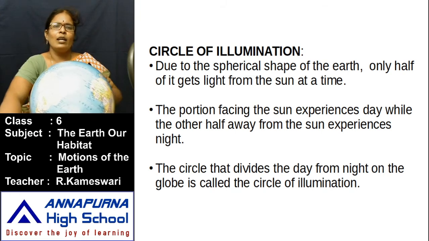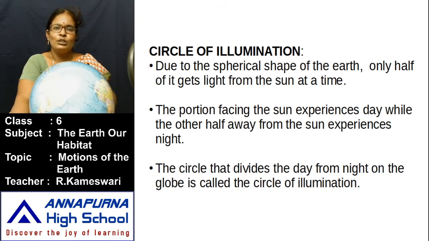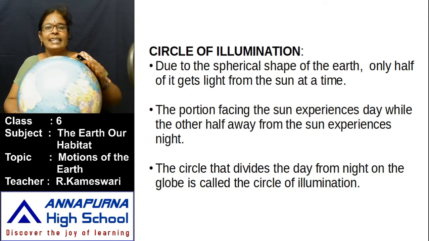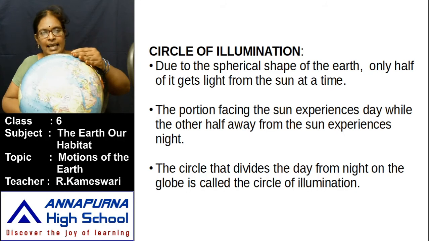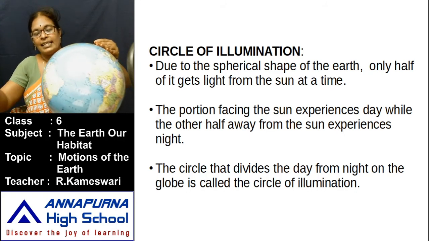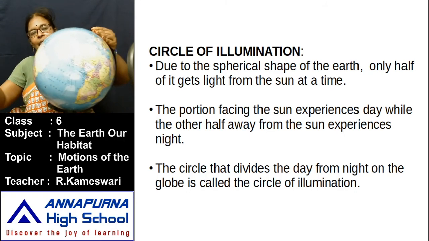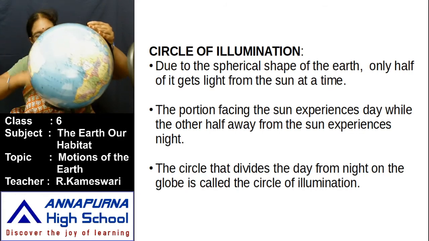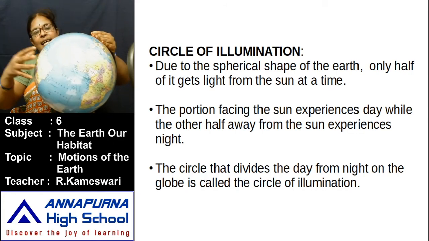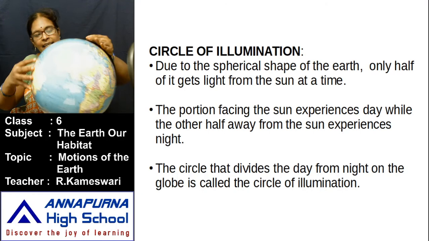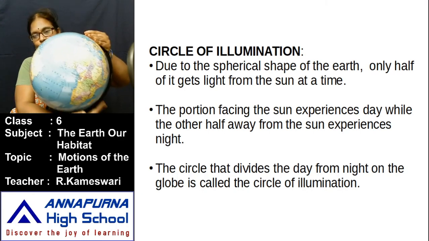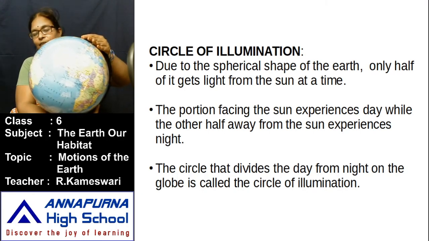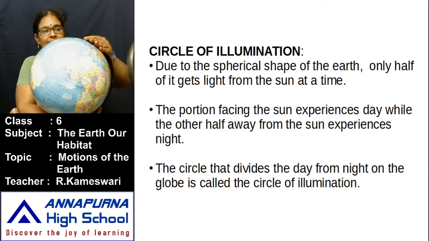Next, circle of illumination. Due to the spherical shape of the earth, only half of it gets light from the sun at a time. Suppose the sun is here. Then half of the earth receives the sunlight and heat. The other part does not receive it. The back part does not receive the sun's heat and light.